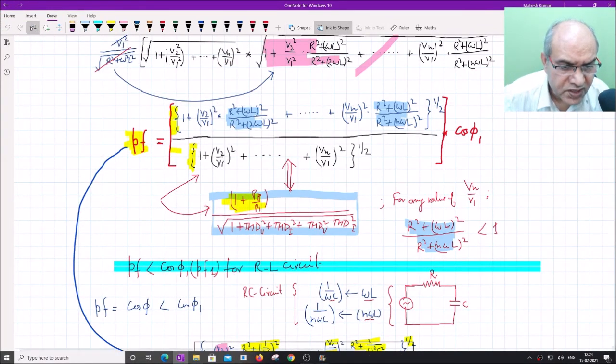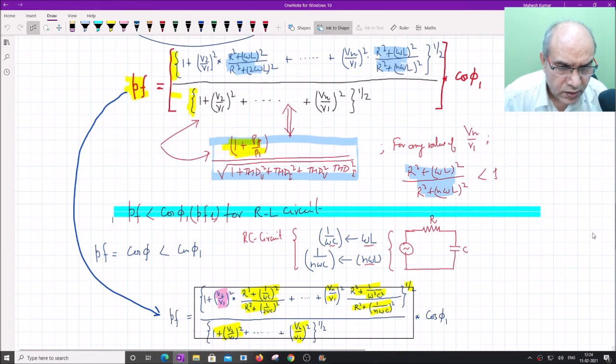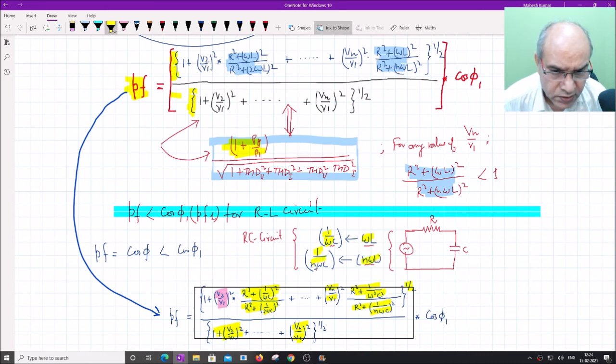So in RC circuit, as you can see, the omega L becomes 1 by omega C, and n omega L becomes 1 by n omega C in the previous expression that we used for RL circuit here.